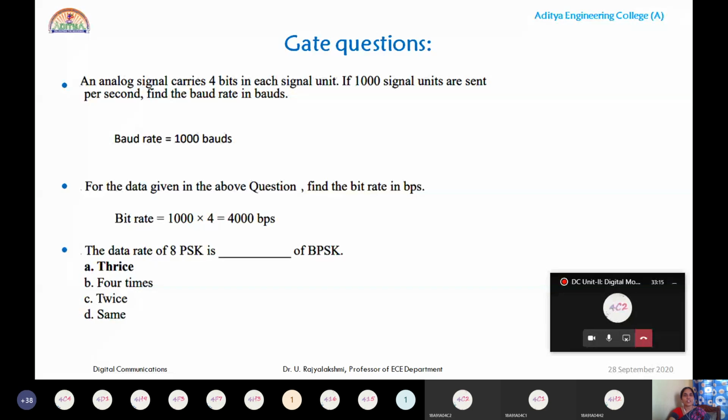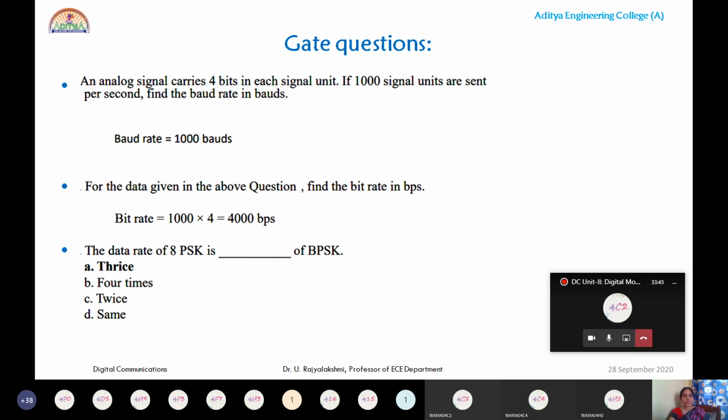You already know the relation: baud rate is bit rate by n. Here n is 4 and the baud rate is given, so baud rate multiplied by n will be our bit rate. That's why 4000 bits per second is our answer.